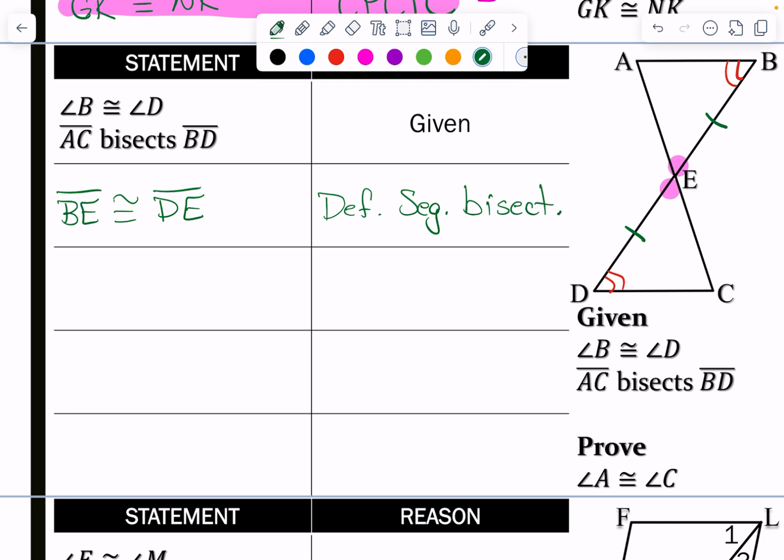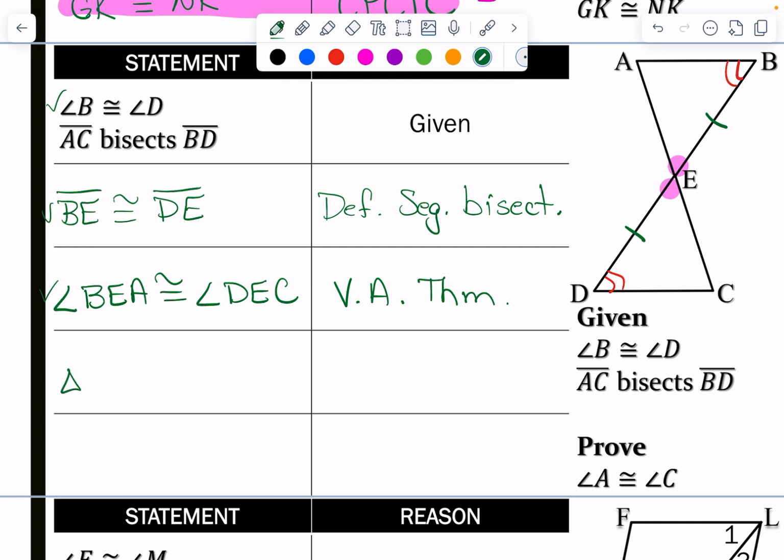Okay. I also know angle BEA is congruent to angle DEC. And that is the vertical angle theorem that says two vertical angles are congruent. So now you look back, you have an angle, a side between them, and an angle.